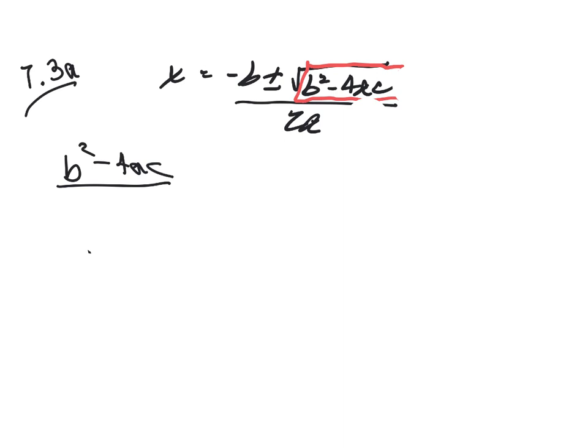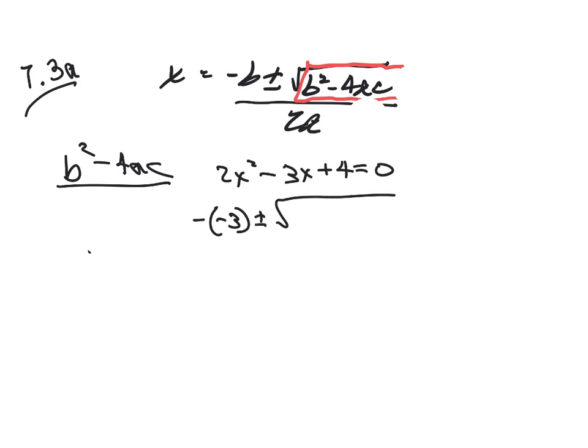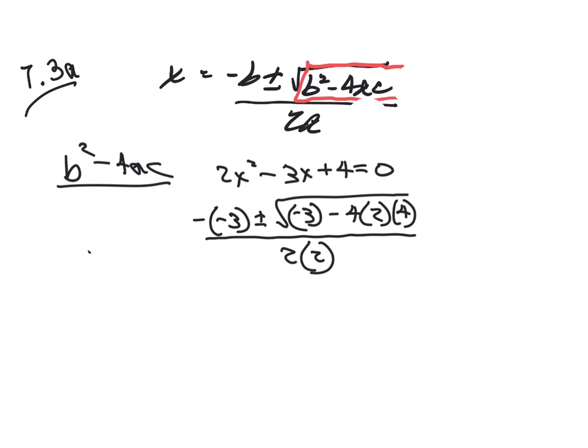For instance, if I had the equation 2x squared minus 3x plus 4 equals 0, and we plug our numbers in, we get negative 3 plus or minus the square root of negative 3 squared minus 4 times a times c, all over 2 times a, which in this case is 2. Okay, so that is putting all the numbers into the quadratic formula.